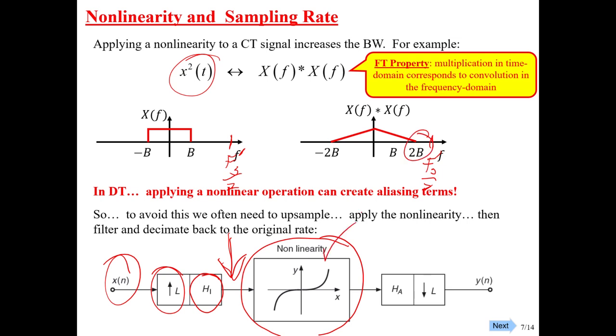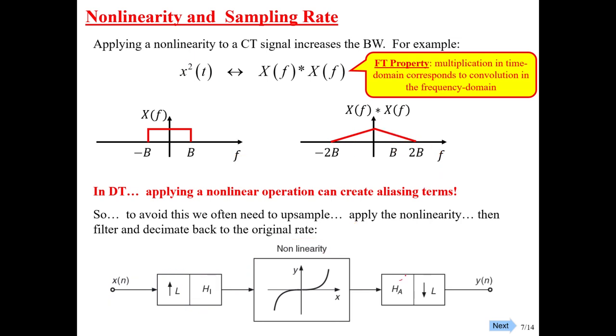So we apply the nonlinearity, and then we filter back down. So we apply a filter here, and we're throwing away that upper stuff, but remember that's probably outside of the range of our hearing. But what doesn't happen is that doesn't get folded back in and adding to there to create the aliasing. So we now filter and then decimate back down. So that's a nice scenario.